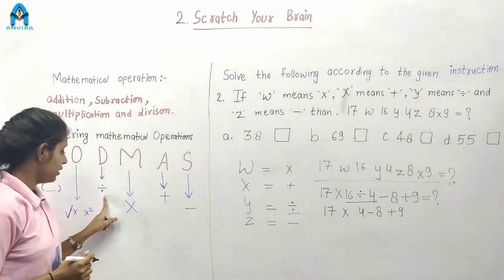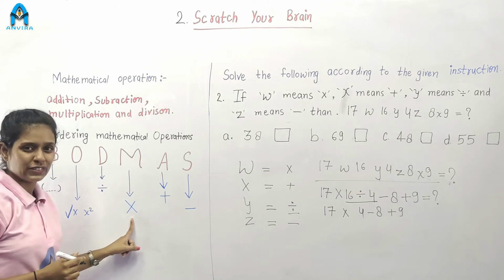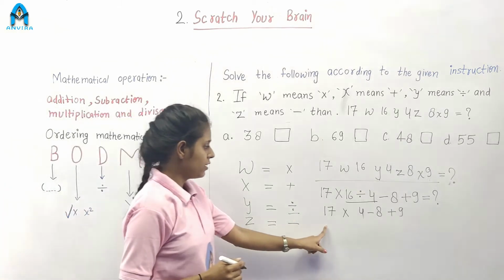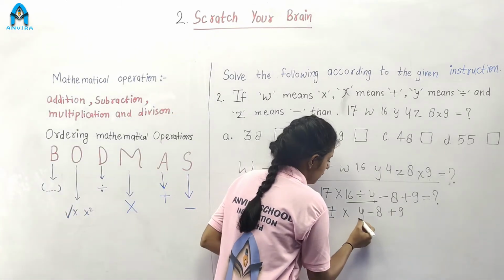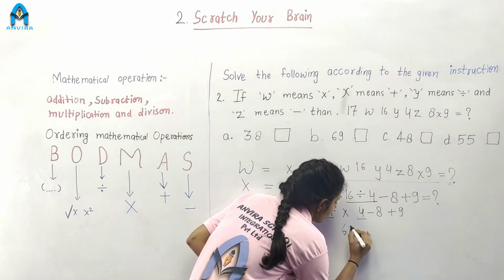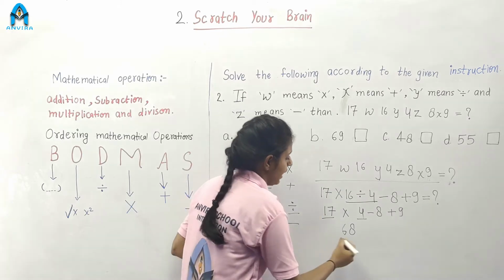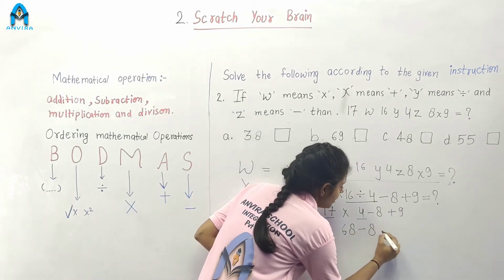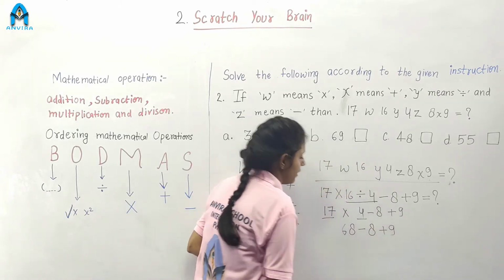Next, after divide, we solve multiplication. So here 17 multiplied by 4 is 68. Then minus 8 plus 9.